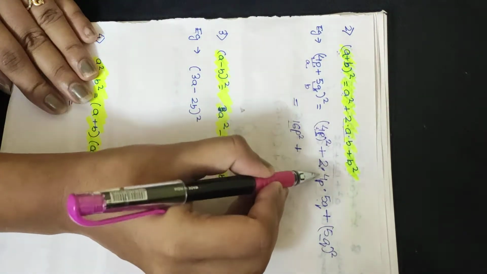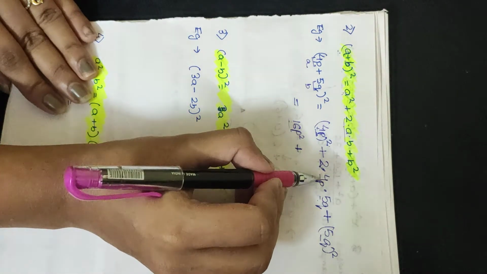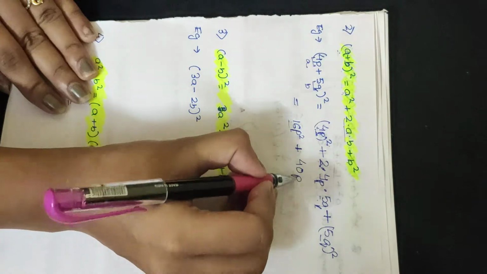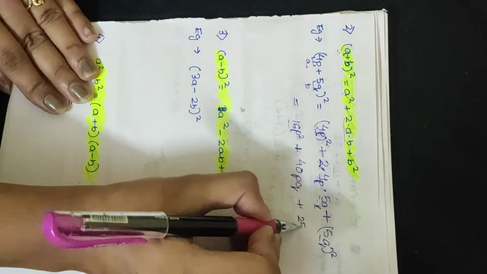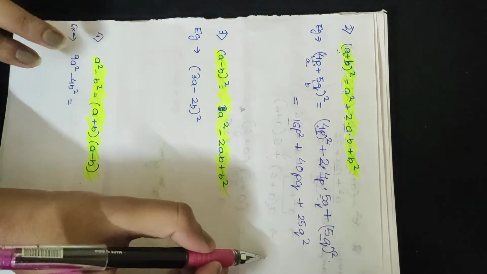Next, 2 into 4 into 5. 2 into 4 is 8, 8 into 5 is 40, p into q gives pq. Next, 5 square is 25, q square is q square. So this is the answer.